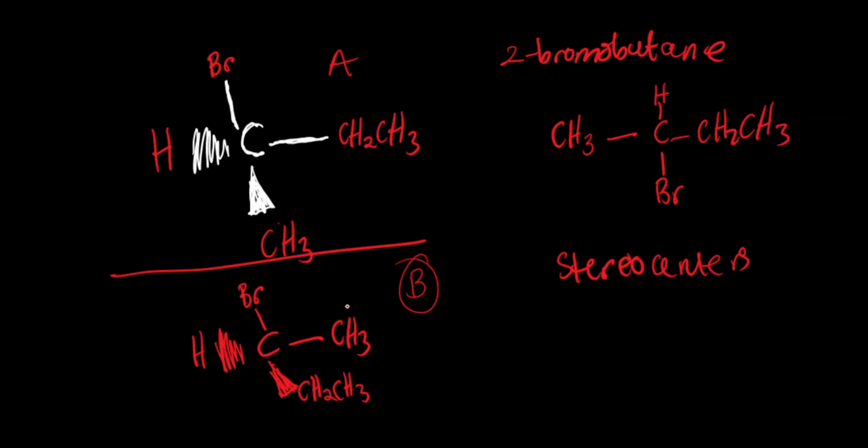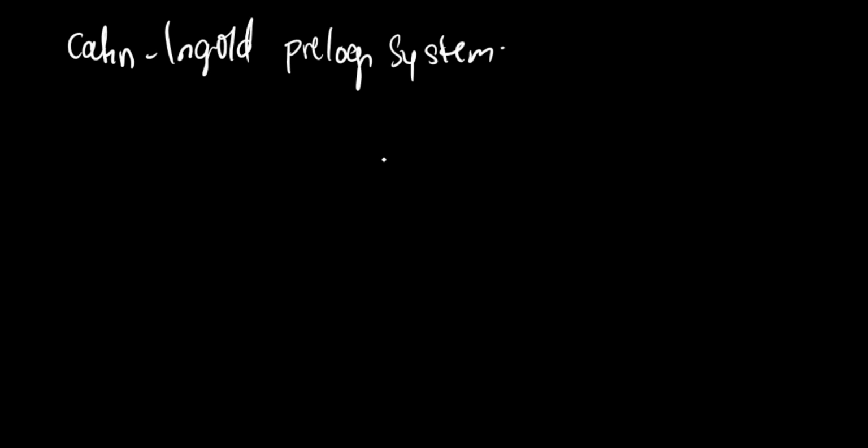When I say 2-bromobutane, how do you know whether I'm referring to structure A or structure B? This brings us to the system of nomenclature. It is the Ingold-Prelog system. How exactly does this system work, and what is the basis of the nomenclature?